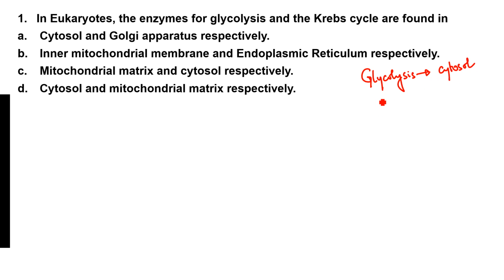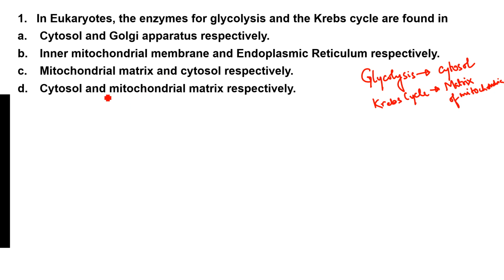And as we had looked in the last lecture, Krebs cycle takes place in the matrix of the mitochondria. The matrix of the mitochondria has all the enzymes that are required for the Krebs cycle.